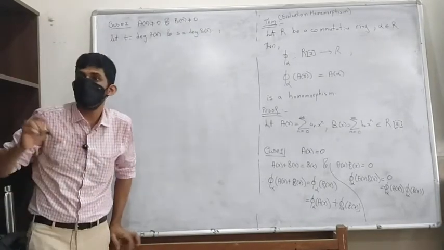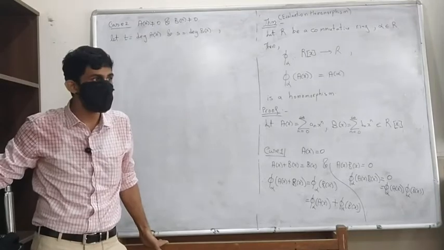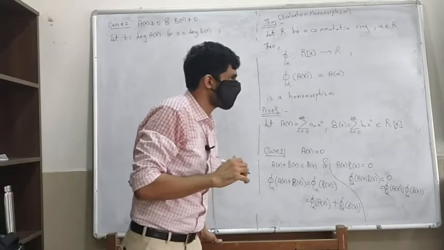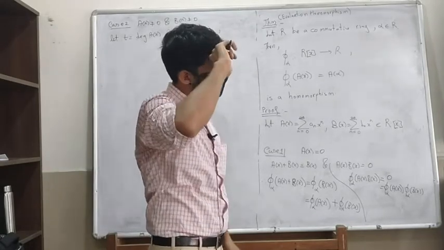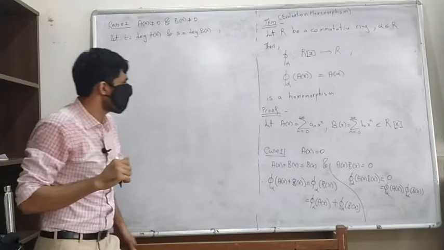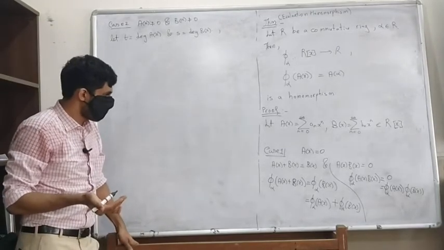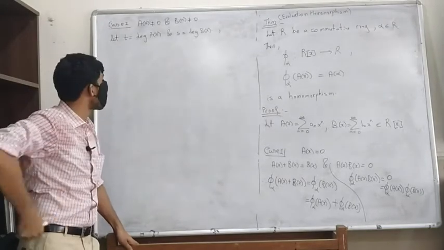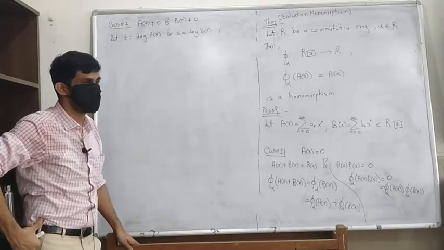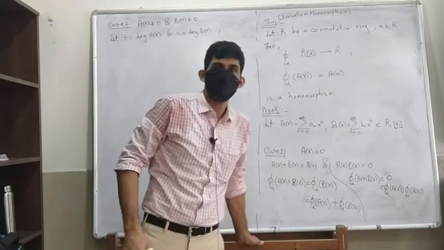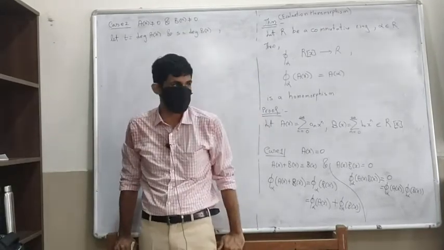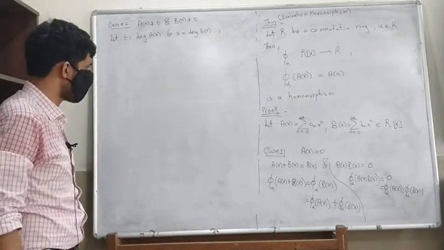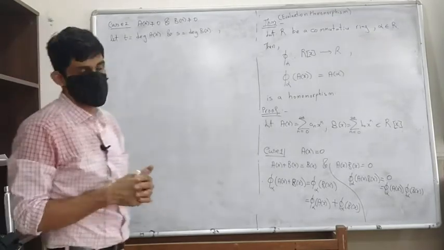We know the degree of A of x plus B of x. A small consideration we have to take is if A of x plus B of x is 0, that is, B of x is minus A of x.